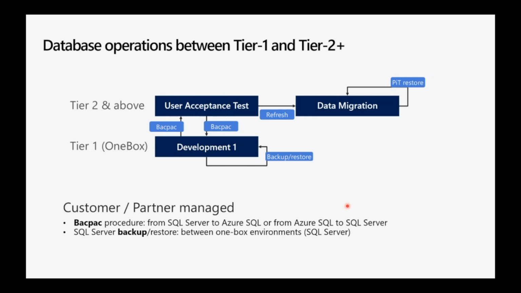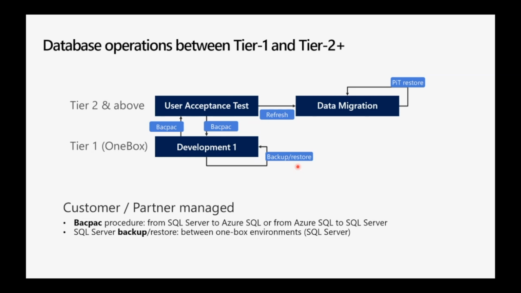But if we're talking about the tier 1 or the one box typically used for development, and in some cases people are using them as golden configuration as well, you need to understand that Microsoft is not doing any execution on the tier 1s. So if you need to have a backup of the local SQL database, you will have to execute the backup process yourself and make a safeguard of your backup file.